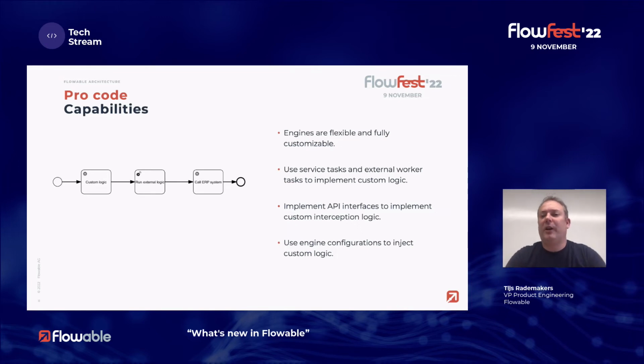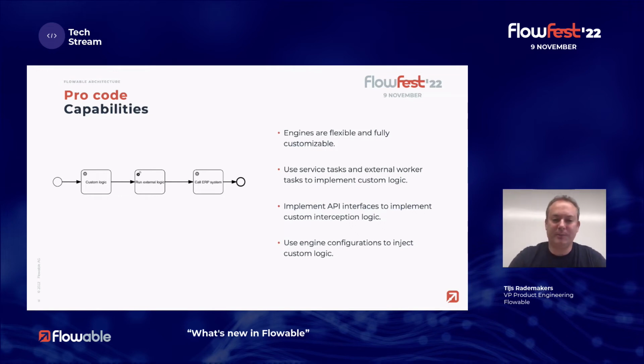If you then look at how you could use this pro-code capability, it can be as simple as this small process that you can see here. There are service tasks, maybe external worker tasks, where you implement custom logic with Flowable. For those, you can use our Java APIs, our REST APIs, and just implement the logic. It also goes further: the engines have engine configurations, and you can just plug in your custom logic.